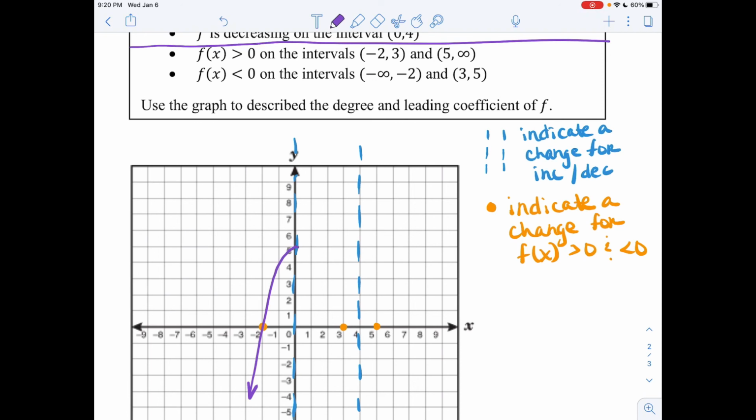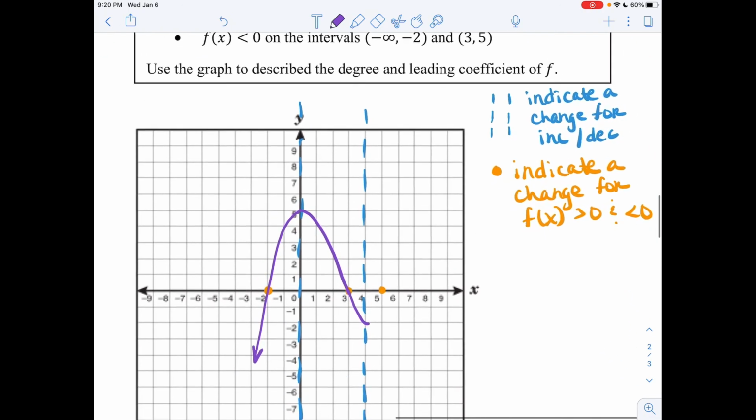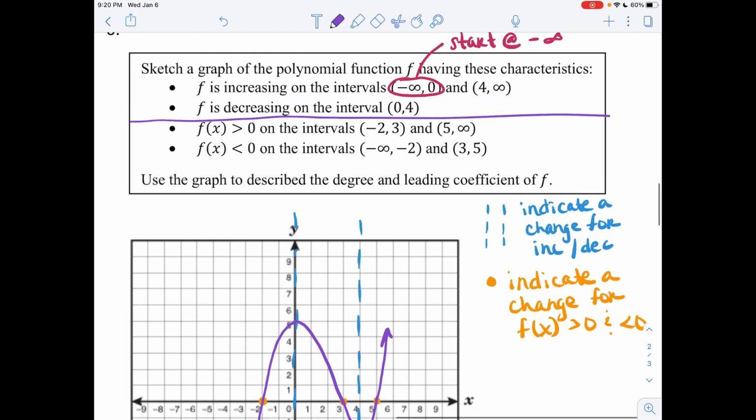So we know that we come down here and cross at 3, and then at 4, we have another point where we're going to turn around and start going back up. And then finally, we need to hit that point at 5, and we know that we are continuing to go up from there. So that's a rough sketch that would be a graph that has the characteristics that were described.